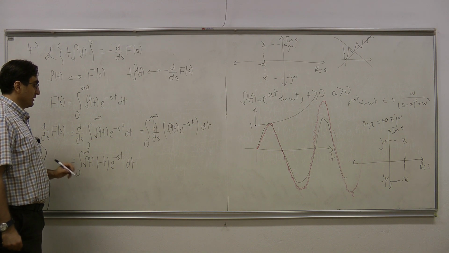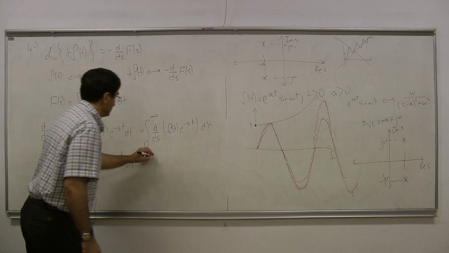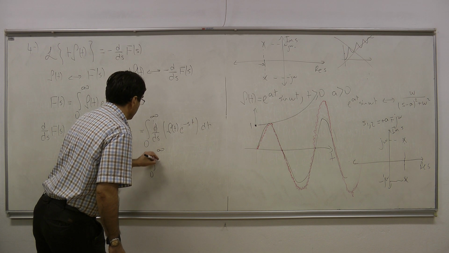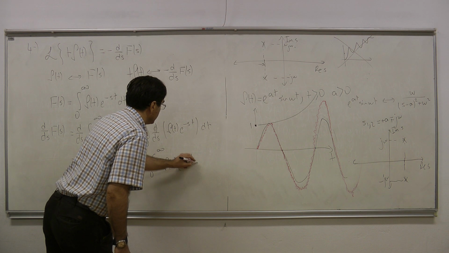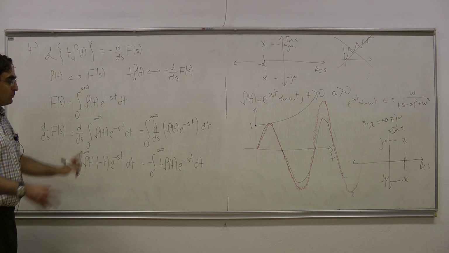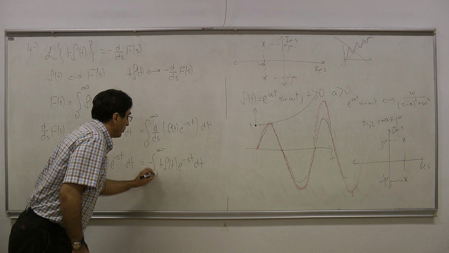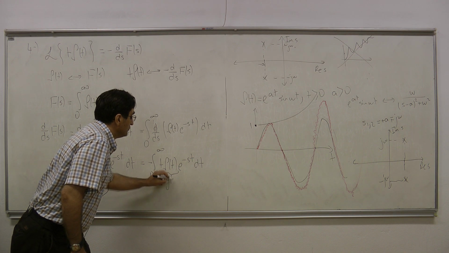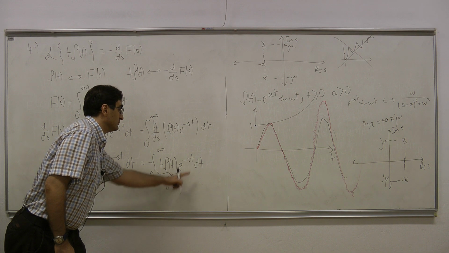I can take the minus sign outside. And I can take t in front of f of t. The integral from 0 to infinity of t f of t e to the minus st dt, and there is a minus sign here. Okay? And what is this new integral? If I call this function g of t, then this is the Laplace transformation.